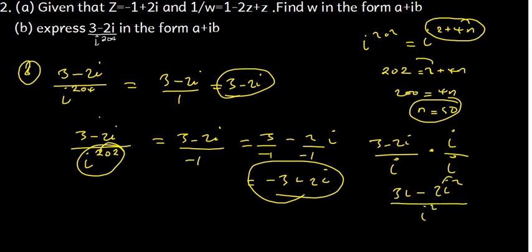Where there is i squared, we are going to put a negative 1, because we know the value of i squared is negative 1. So that will be negative 2 times negative 1, that will be positive 2, which we can also start by saying 2 and then plus 3i, and that will be divided by i squared, which is equal to negative 1. And so this would be negative 2 minus 3i if we split. So this one goes into that, and then the same one goes also into that. So that is how we get the values on this one.